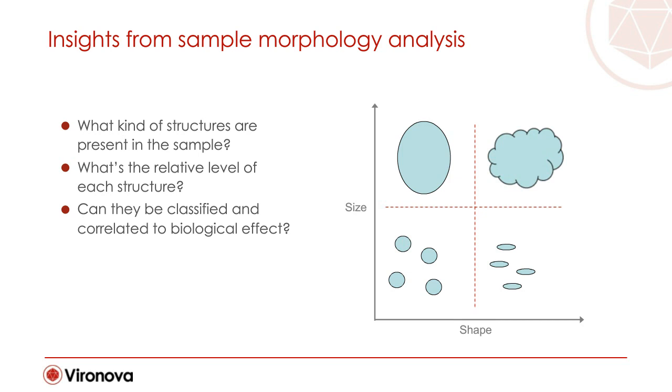And these flattened particles seemed to decrease the wanted biological effect, meaning that this was a structure that the client really wanted to monitor. So here we were able to classify the particles and set acceptance criteria for the two most important structures, giving the product a structural footprint of an accepted as well as a non-accepted product.